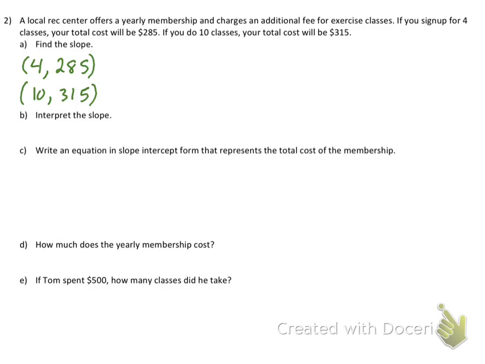And how I'm going to do that is I'm going to subtract the y's, and then I'm going to subtract the x's. And if I do that, I'm going to get 30 divided by 6, which is going to equal 5. So the slope is 5, or 5 over 1.